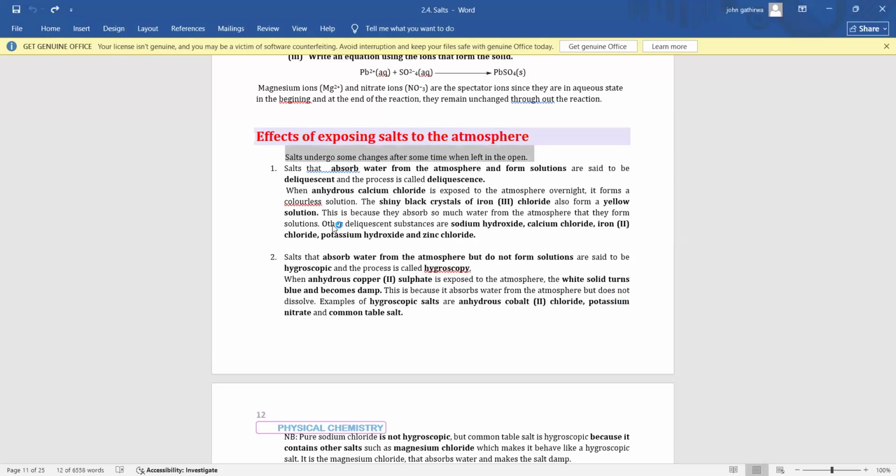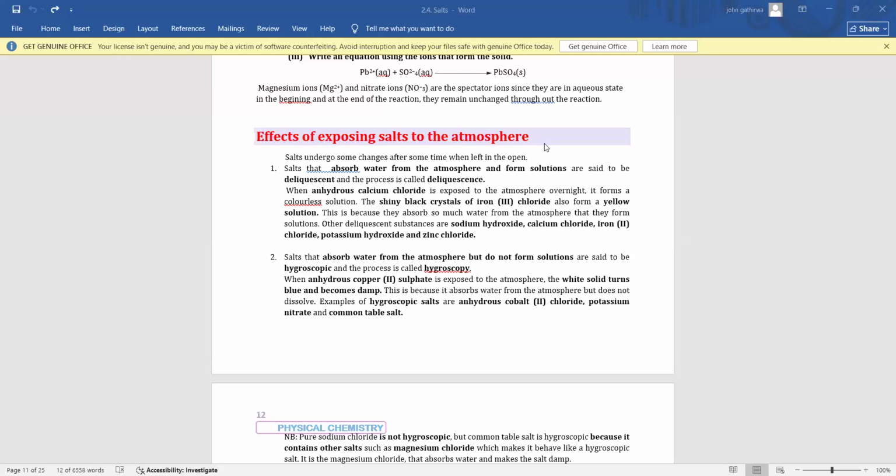So you can write this question down. Both potassium carbonate and calcium carbonate are white solids.